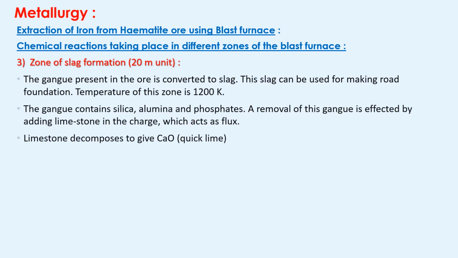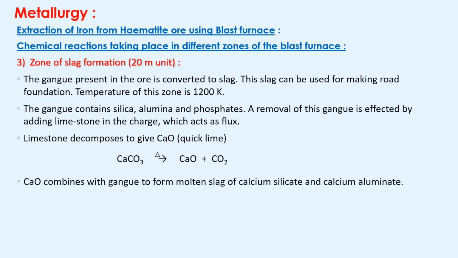Now what happens is that the limestone decomposes to quicklime, that is CaO. CaCO3 gives you CaO plus CO2, and that CaO combines with the gangue to form a molten slag of calcium silicate and calcium aluminate.